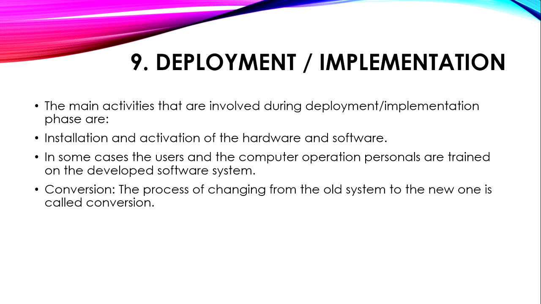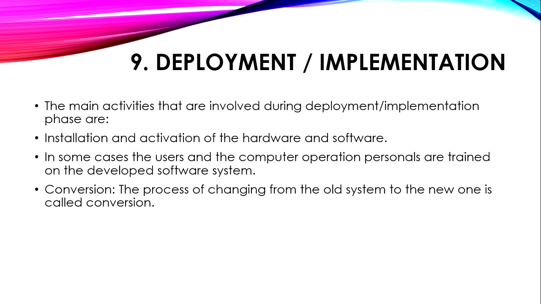In this method, both systems are operated together for a period. This allows any major problem with the new system to be detected and corrected without the loss of data. Phased. In this method, the change from the old system to the new involves a gradual introduction of the new system. The old system is progressively discarded.